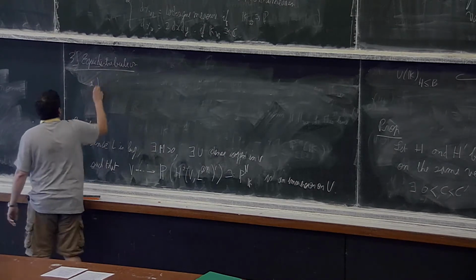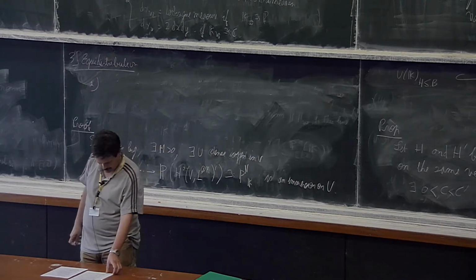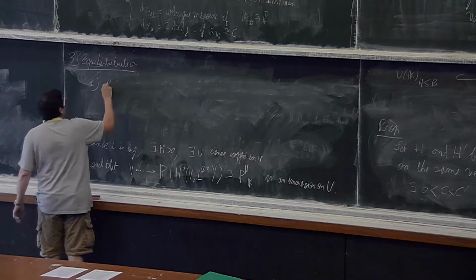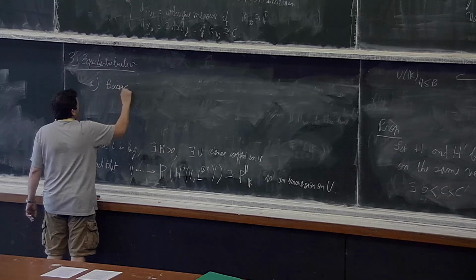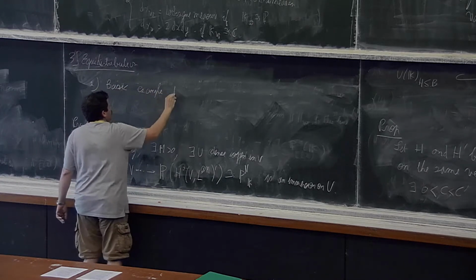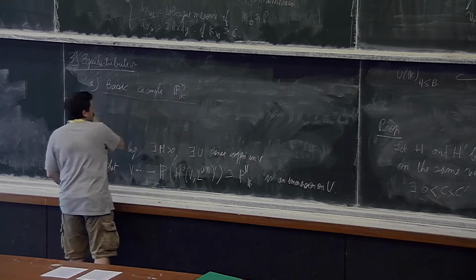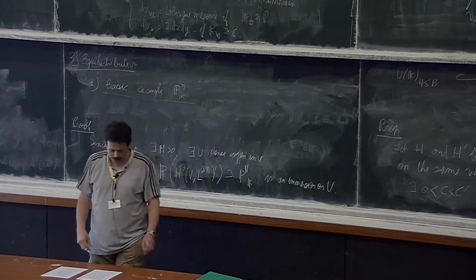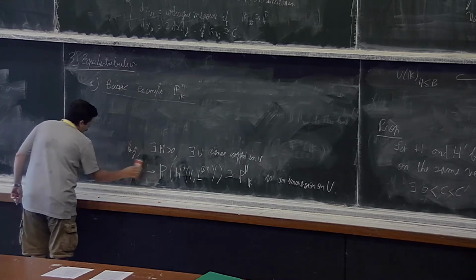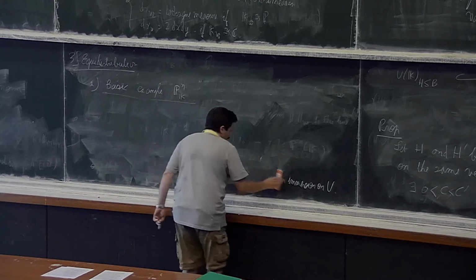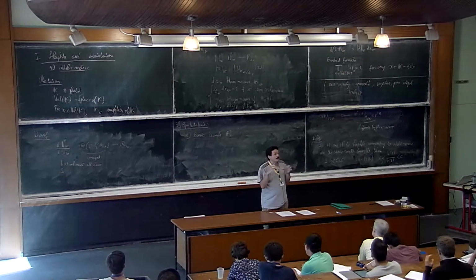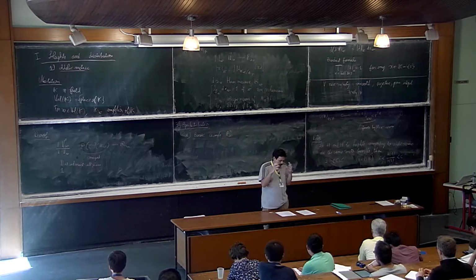I will start with the basic example, which I've shown in the picture, which is P^n of k. Of course the point is that if there is something which is not even true for the projective space, you won't go very far. Okay, so let's start with that and let's try to do something on the projective space. The picture I've shown to you was to look at a simple open subset in the real points.